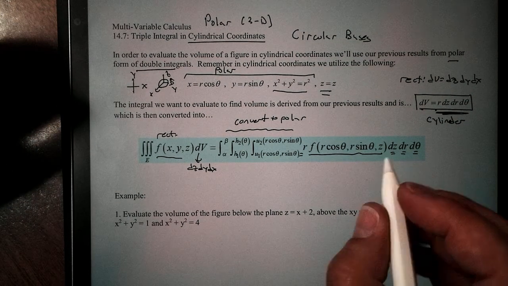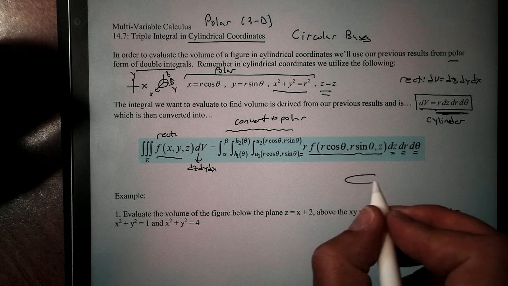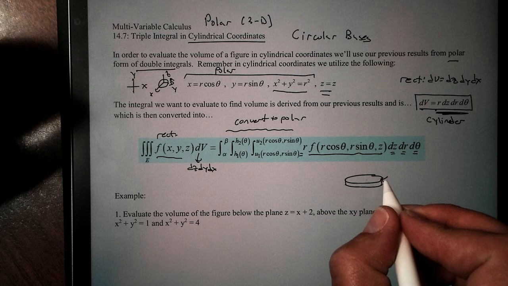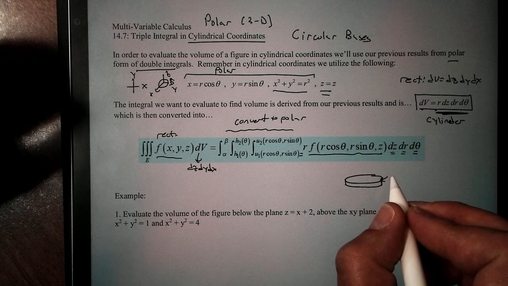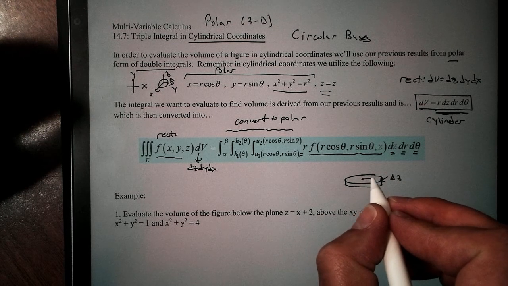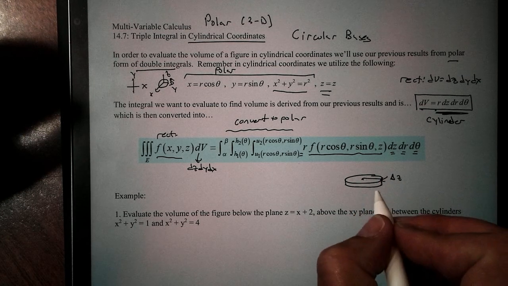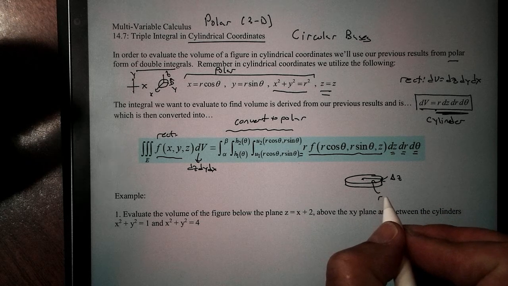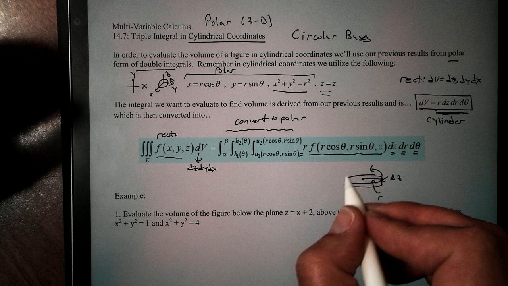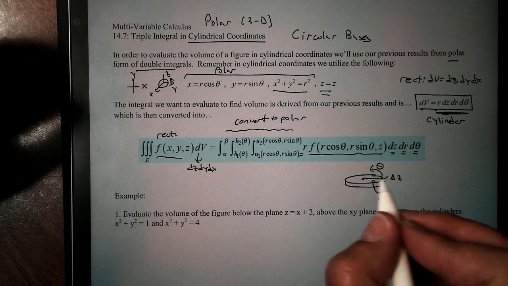So if I draw a circular base and I add some height to it, like we did last year, this is my little change in height right there. That's our delta z. Going outwards, there's my radius. And we're going to spin our radius around the circle and get theta.